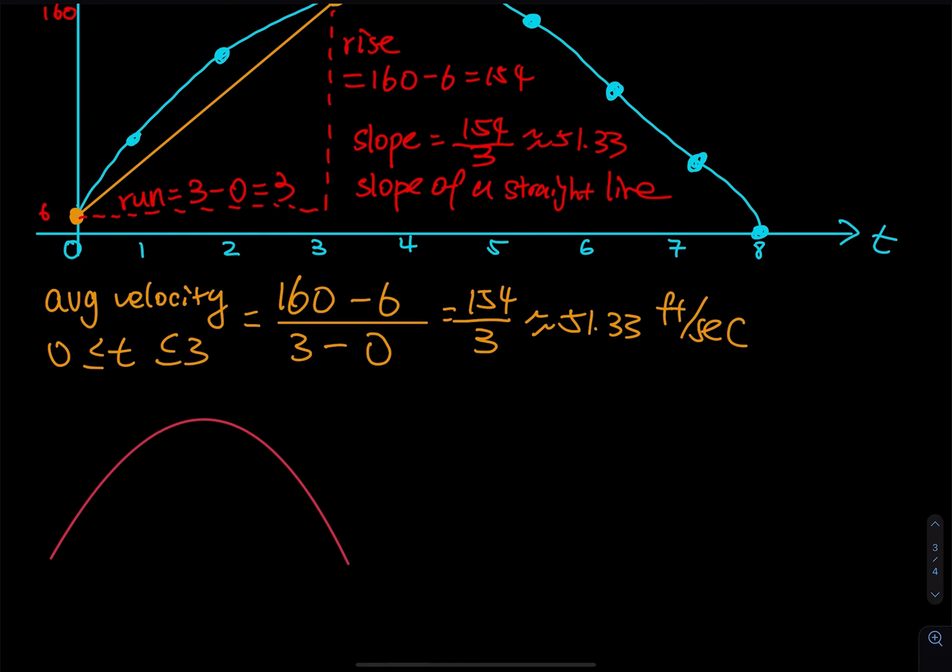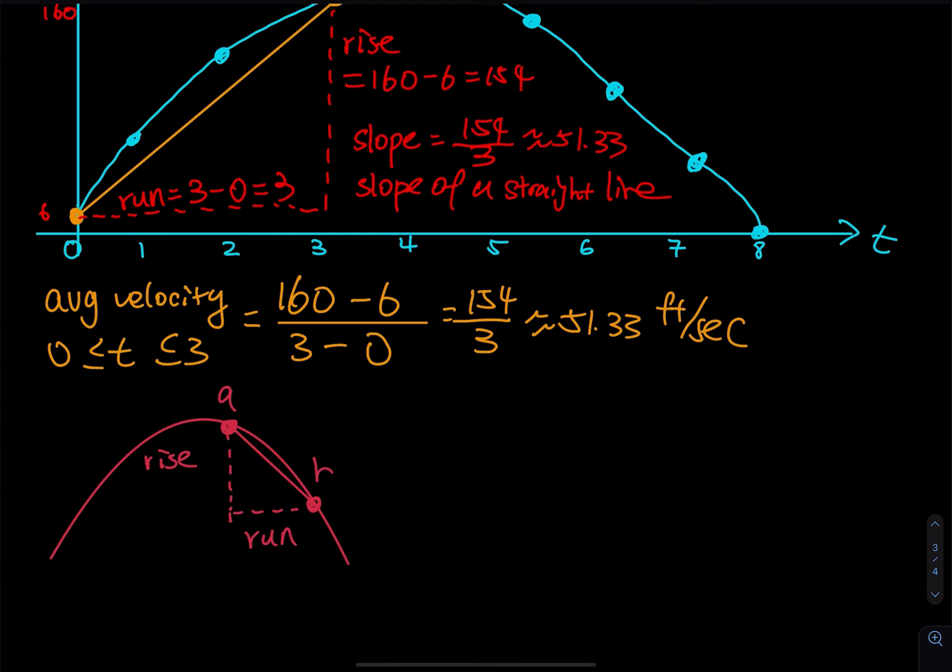Yep, perfect. So let's say from point A to point B, what is the average velocity? What you have to do is draw a straight line to connect them, and this is the rise, and this is the run. This is from A to B, right?